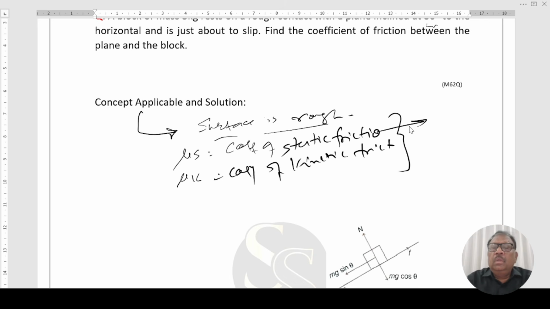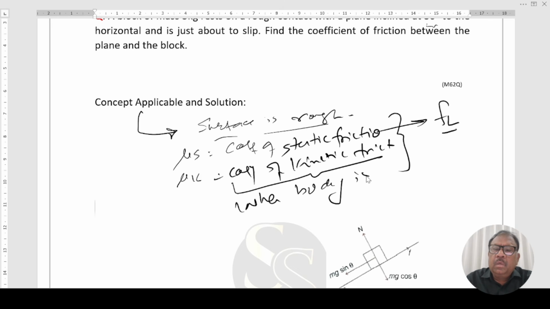In this case, the limiting force of friction is applicable when the body is just about to move, and the other is applicable when the body is in motion.